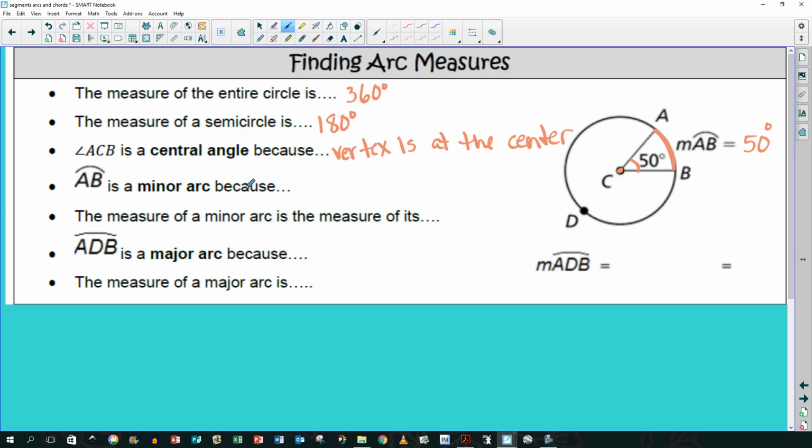AB is a minor arc, because it is less than 180 degrees. The measure of the minor arc is the measure of its central angle.